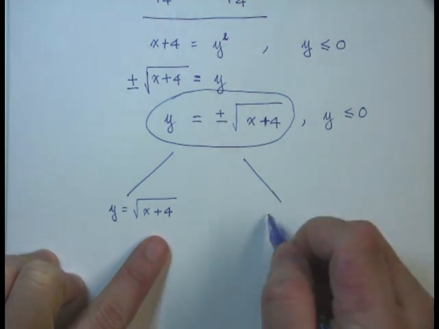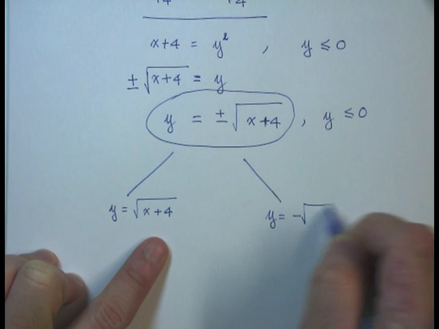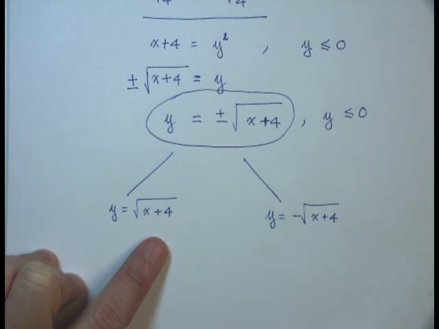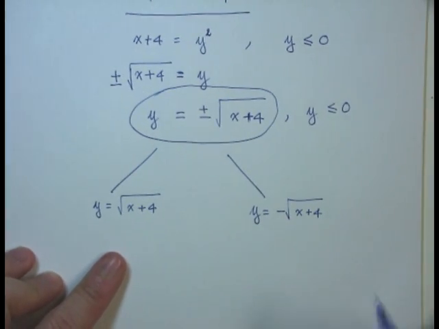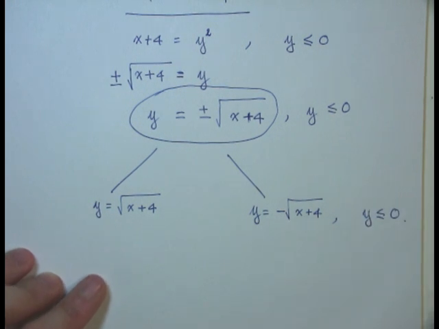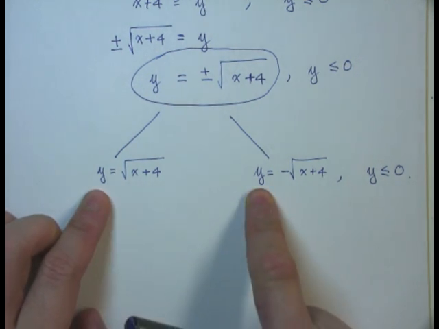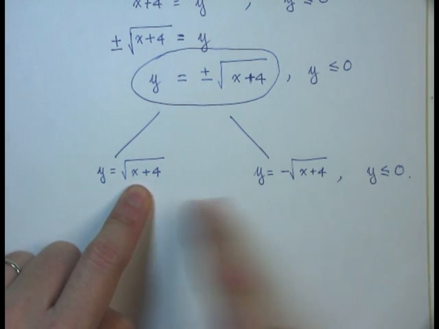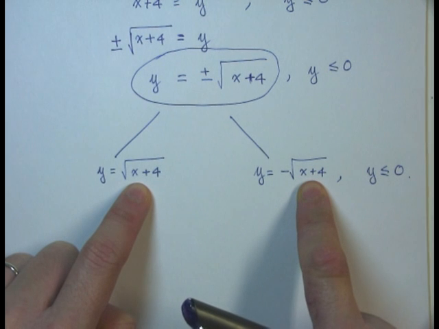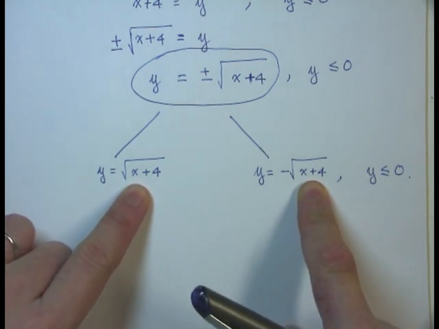On the other hand, it also means y equals the negative square root of x plus 4. And now the condition indicates that y is less than or equal to 0. So the point here is that one same variable equals two different expressions. Which one of these expressions will be the winner to become the inverse function?